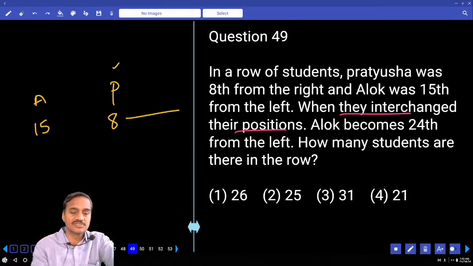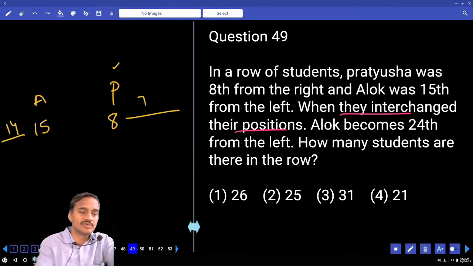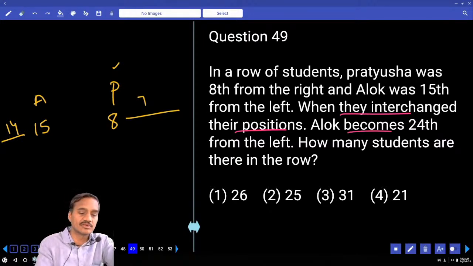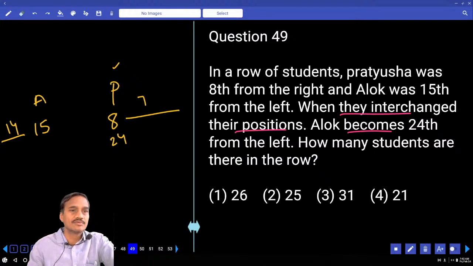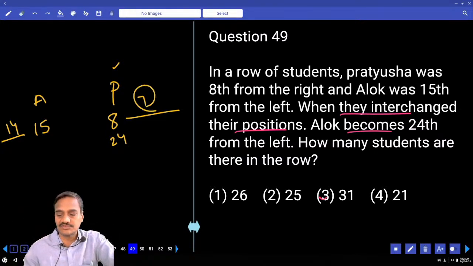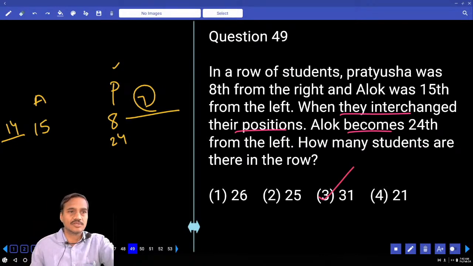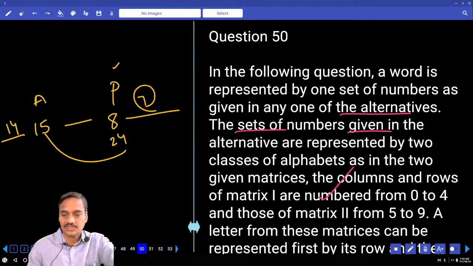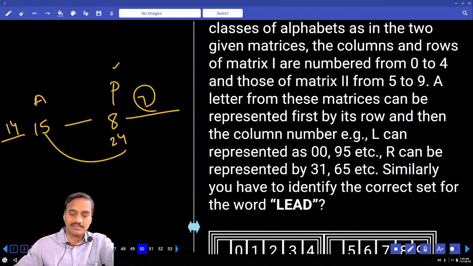That means there are 7 persons to the right, and 14 persons to the left of Alok. Then Alok becomes 24th from the left. 24 plus 7, total 31. Sometimes they ask for in between: 24 minus 15 minus 1, so 8 members.